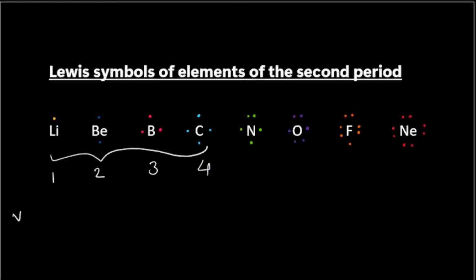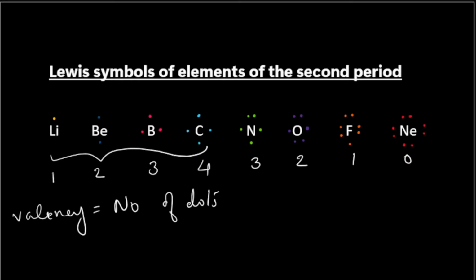That is, valency is equal to the number of dots. For elements nitrogen, oxygen, fluorine and neon, valency is equal to 8 minus the number of dots, that is 3, 2, 1, 0 respectively.